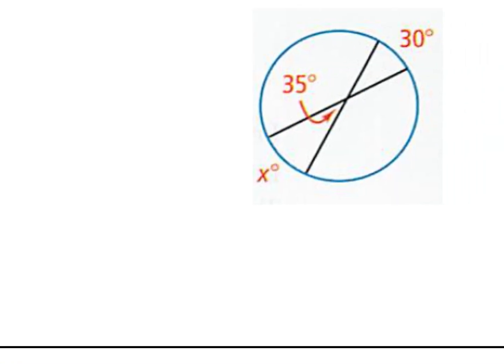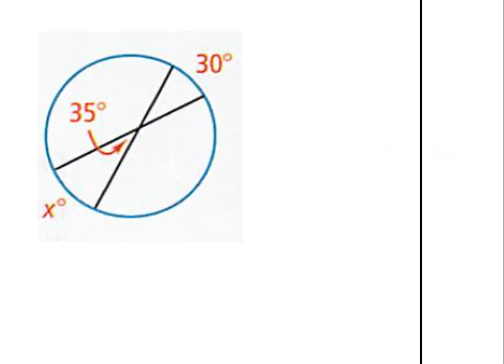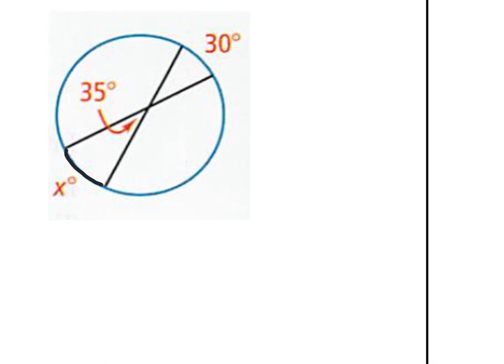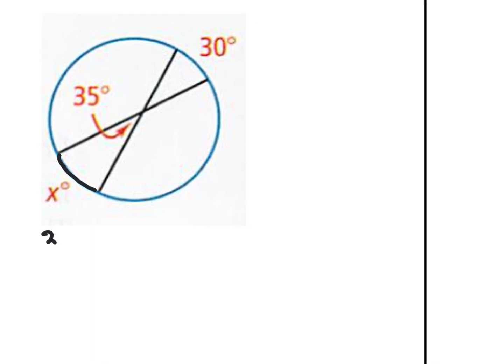Okay, let's go for the next one. Here, still the interior angle is given, but one arc is missing. So we're going to go backward on the process. Given is 35 degrees as the interior angle. That's going to be 1/2 of x plus 30 in here.